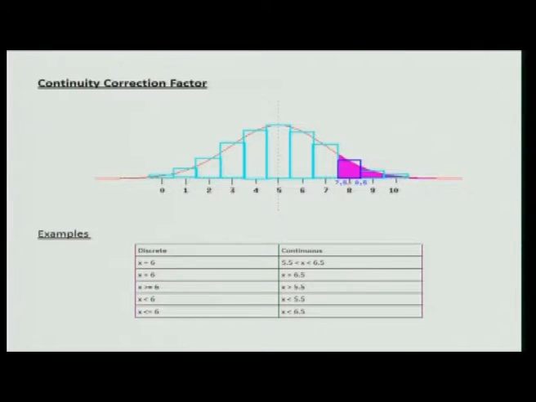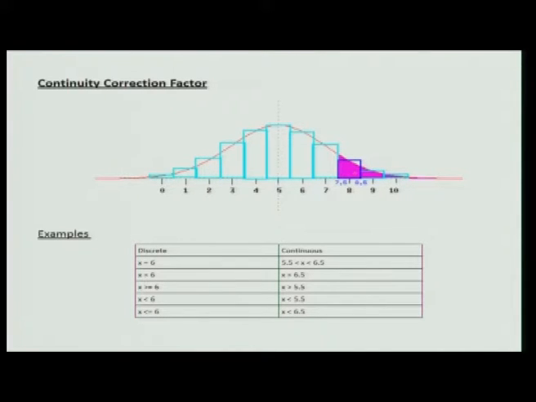So, to get a good approximation for that probability, you need the rectangle, the bar that represents the probability at point 8. That is starting from 7.5. You want to cover that whole area, because you want the probability of x greater than or equal to 8. Therefore, the approximating standard normal variate should be greater than or equal to 7.5 and not 8.